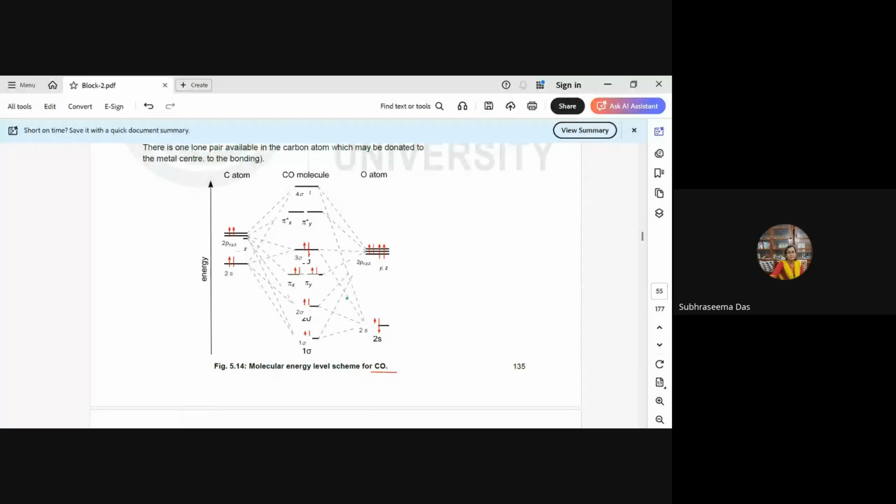This is because of the electronegativity difference between carbon and oxygen. So oxygen is placed below carbon. Similarly, by the overlap of the appropriate atomic orbitals of carbon with those of oxygen, we get the molecular orbitals for the CO molecule.